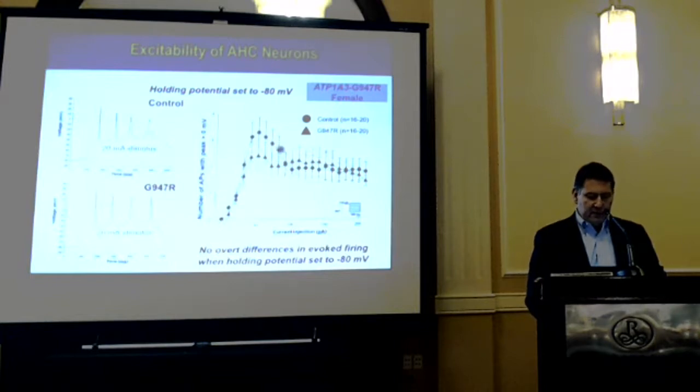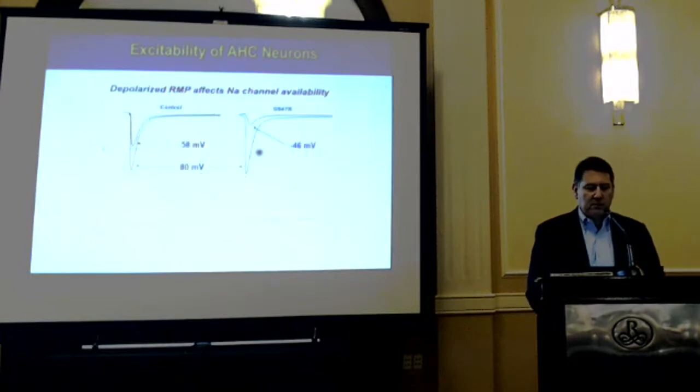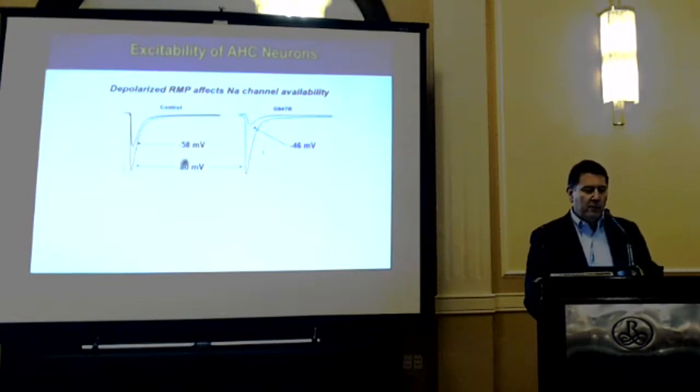We then figured out that this impairment in the ability to generate action potentials was simply due to the fact that certain other elements in the neurons, specifically sodium channels, that have to activate and allow sodium into the cell to cause the action potential to fire. Again, this is sophisticated stuff, I apologize. That was also abnormal when we measured the cells at the resting membrane potential that they had, but not if we changed it to minus 80 millivolts.